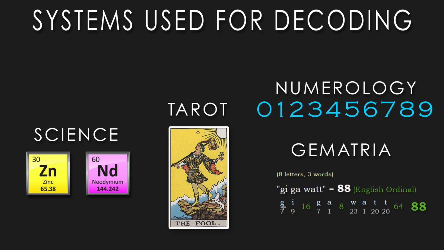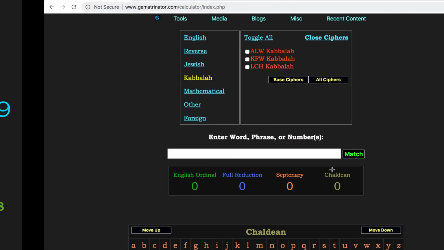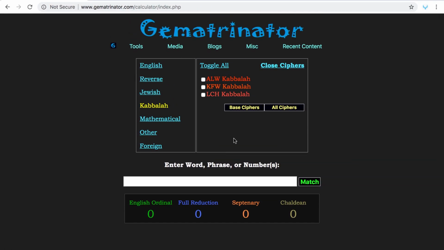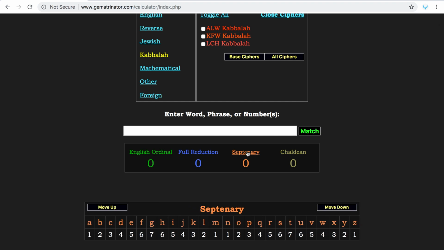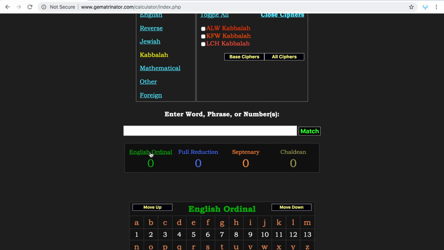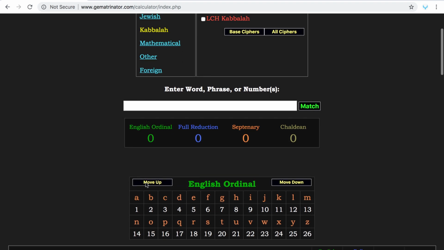Each letter is represented by a number. Now, it's important to understand that there are multiple ciphers. Each one of these is different. English ordinal, as you'll notice, uses the numbers 1 through 26. 1 is A, B is 2, C is 3, all the way up to Z is the number 26.